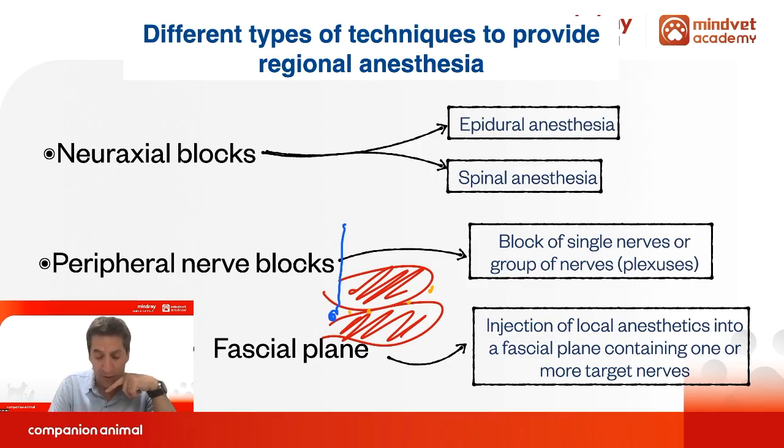It is common for this kind of block to deposit a huge volume of local anesthetic, huge in comparison with the volume we use for a peripheral nerve block, that means a single injection.